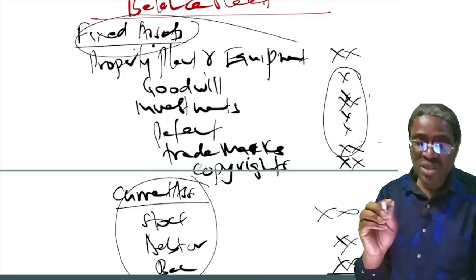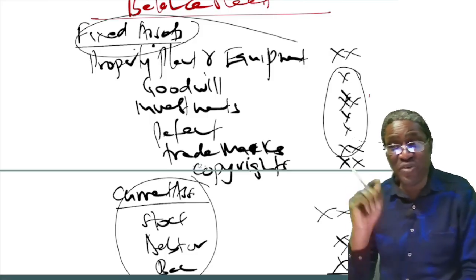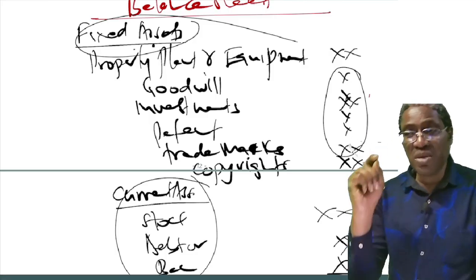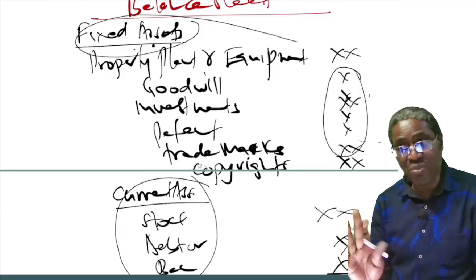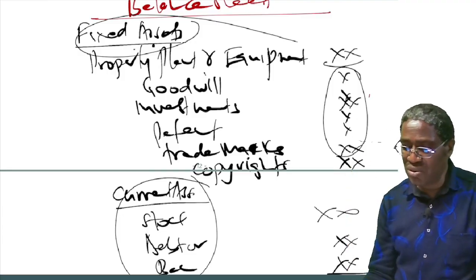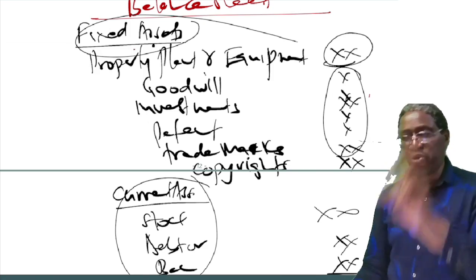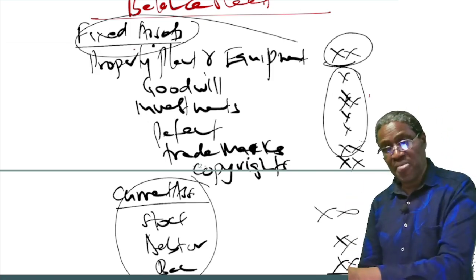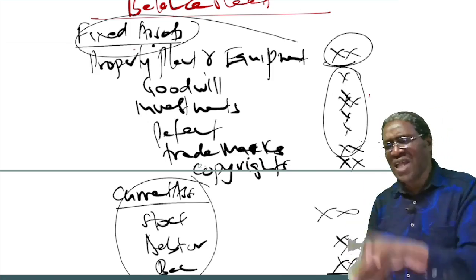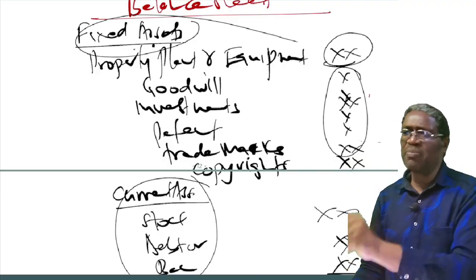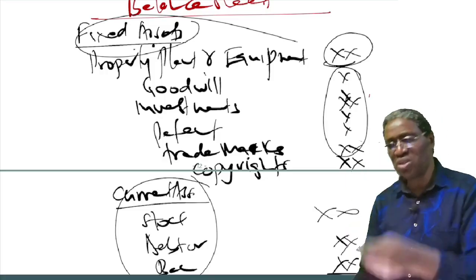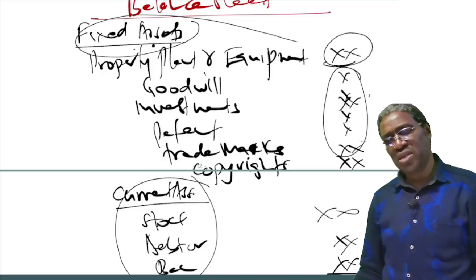I've said you don't show the individual fixed assets in the balance sheet by the name of land, building, motor vehicle, furniture. No. Combine them and bring them as a single amount under the name of property, plant, and equipment. Then any other fixed assets that do not qualify to be part of property, plant, and equipment should be shown individually in the balance sheet.